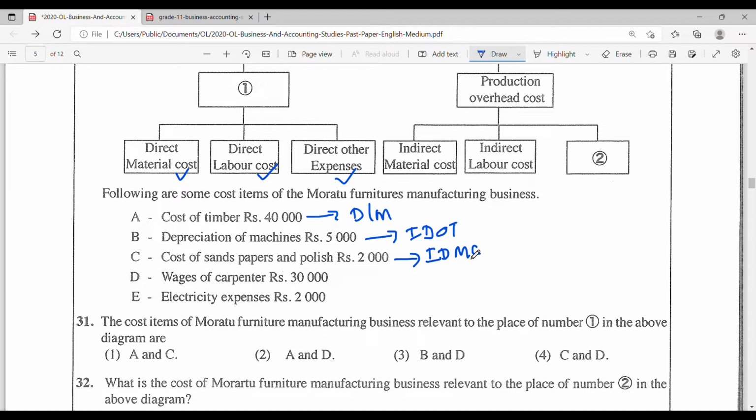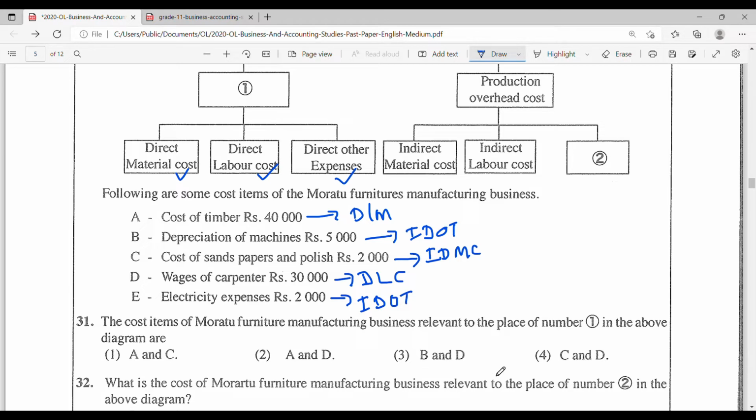Because you can't directly recognize that input, it falls under indirect material cost. Wages of carpenter, of course, falls under direct labor cost. Electricity expenses, rupees 2,000, would fall under indirect other cost.